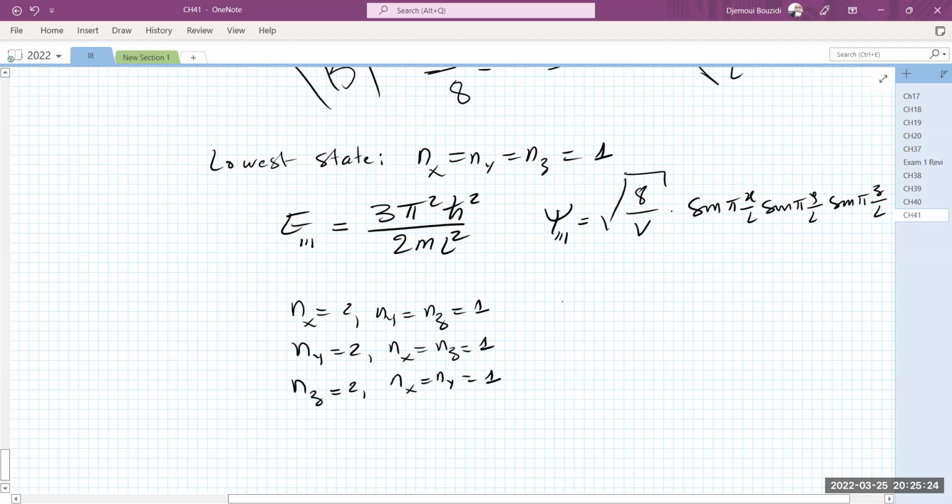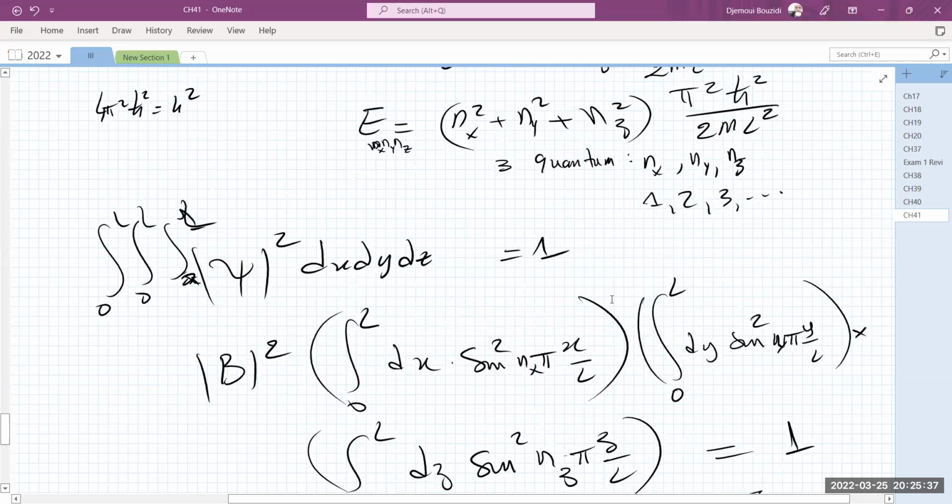All of this will correspond to the energy level, which I'm going to write as E211, which is going to be the same thing as E121 or E112, because there is a perfect symmetry in this problem for the energy.